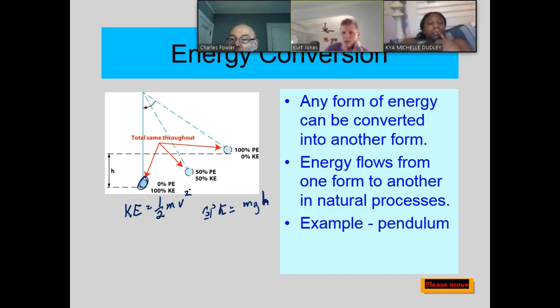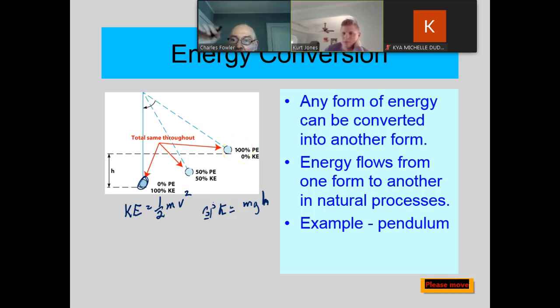Okay. Now, when it's all kinetic energy, all that mechanical energy is in that form. When it's at the top, all the mechanical energy is in the other form. So that's the same energy at top or bottom. It's just in different forms.